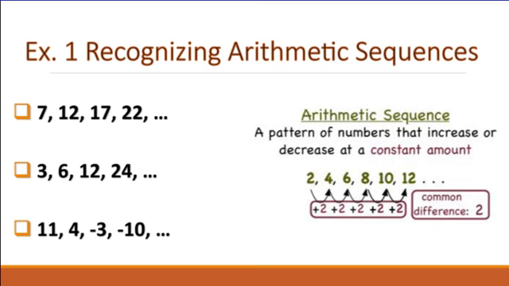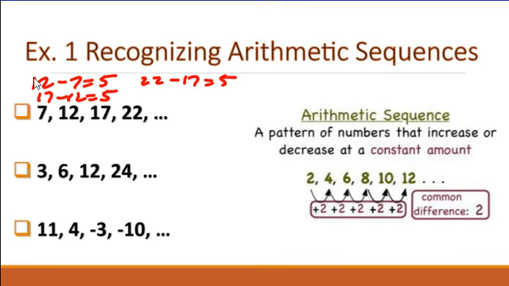So if I look at 7, 12, 17, 22, in order to find if there's a constant in there, we'll take the second term and subtract the first term from it. That gives us 5. And go to the next one. 17 minus 12 gives us 5. And then 22 minus 17 also gives us 5.